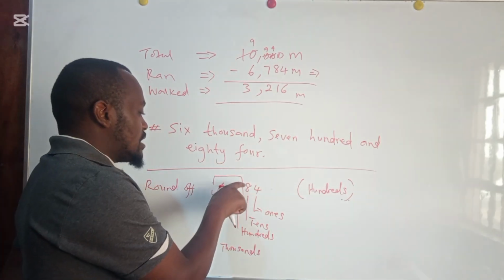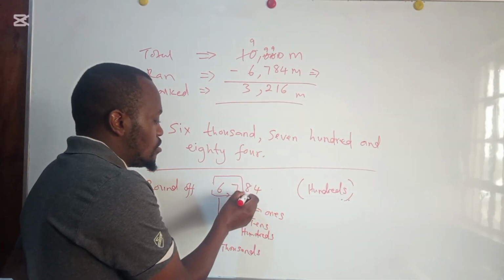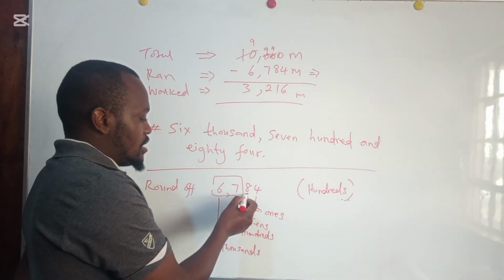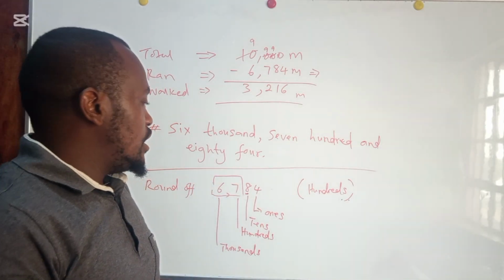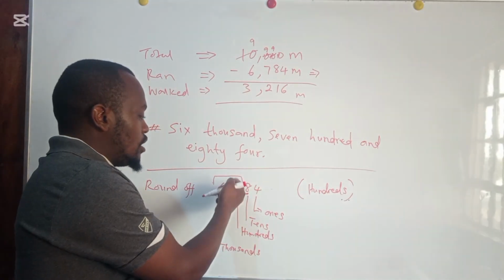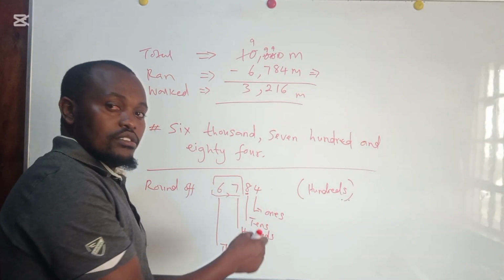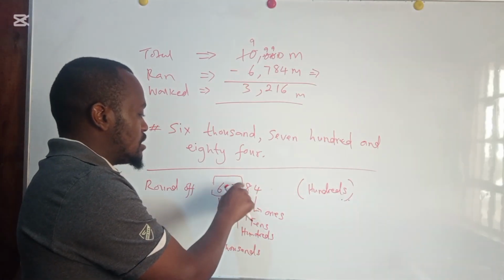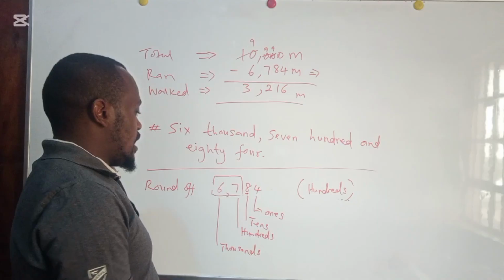So when you realize that this one needs to be 0, you look at the number just before the hundreds. You ask yourself, if it is either 5 or above, you will add 1 here. If it is below, you don't add anything here, you just put zeros here.